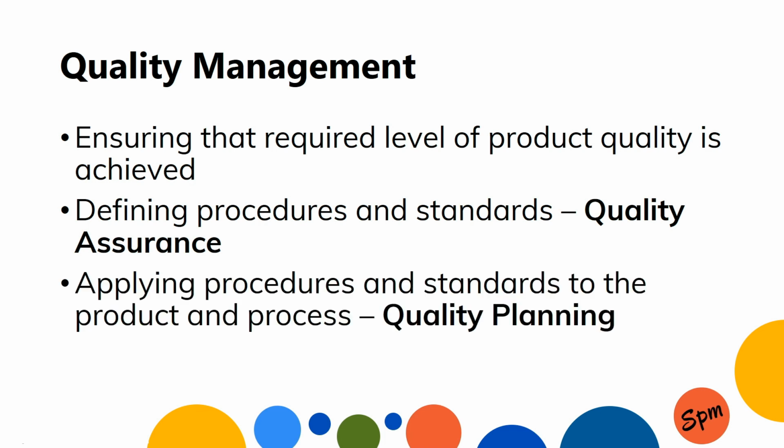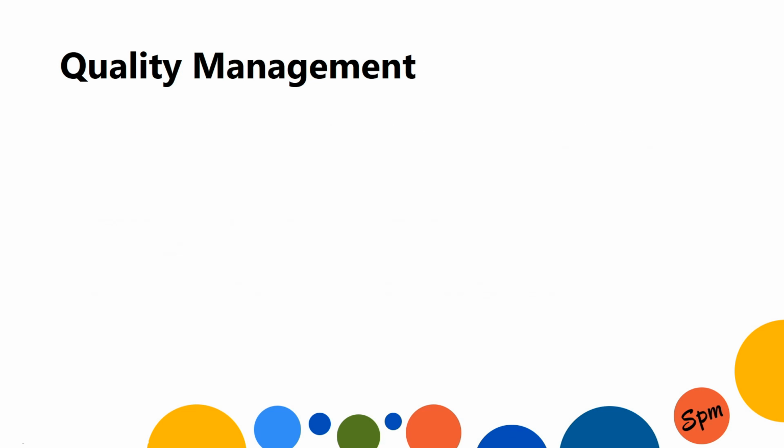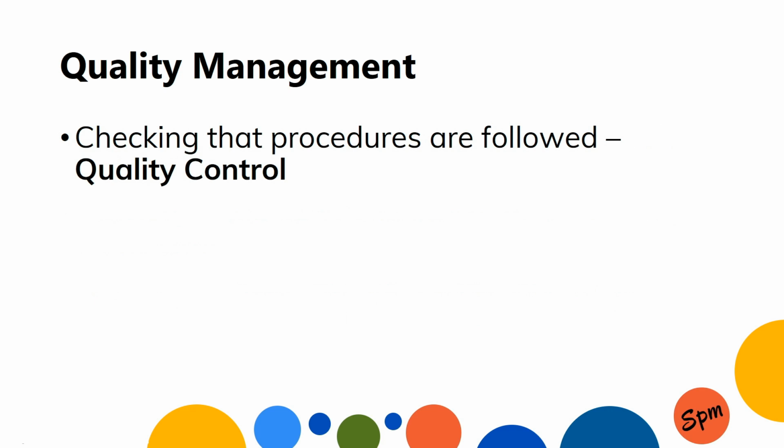Then the next step is how to apply the defined procedure and standard to the process and product. It is known as quality planning. The next part is quality control, which means we constantly check the process and product to make sure all the standards are being applied and followed properly in the development process.